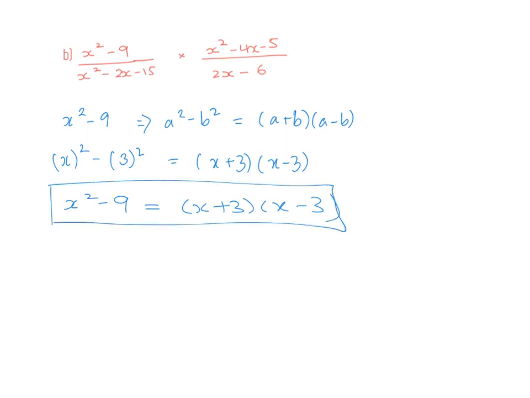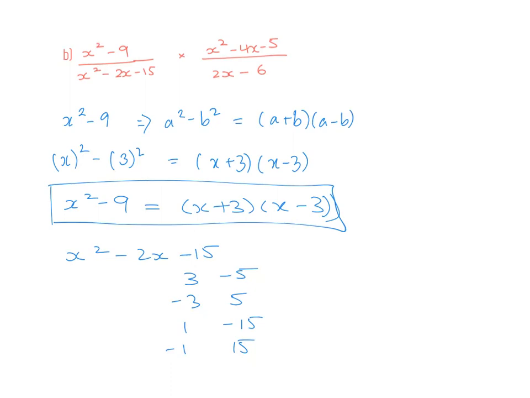That's the first numerator. Let's have a look at the denominator. I have x squared minus 2x minus 15. Again, two numbers that when I multiply give me minus 15. So I could have 3 times minus 5. I could have minus 3 times 5. I could have 1 and minus 15, minus 1 and 15. And when I add these, I need to get minus 2.